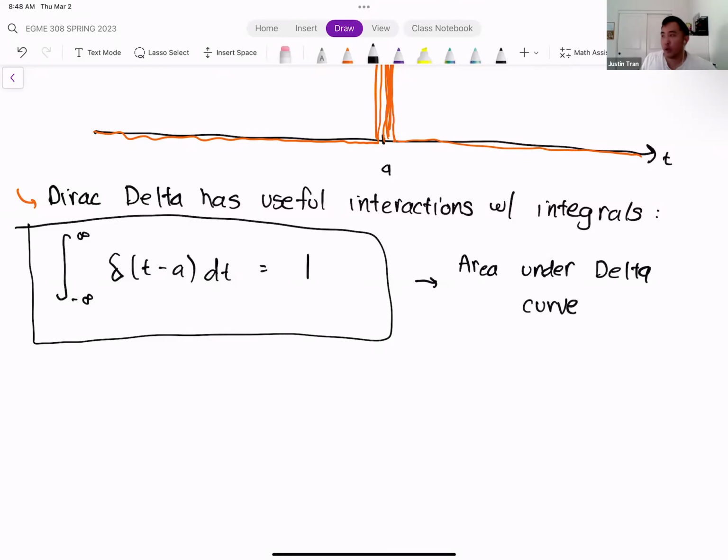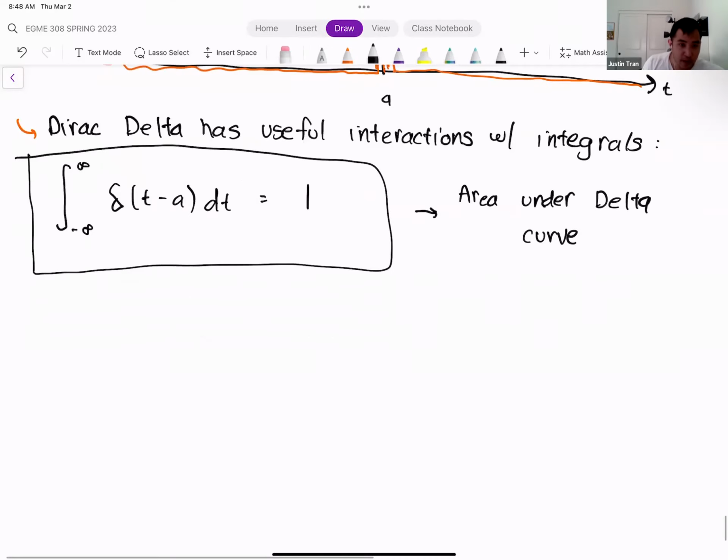The other property is called the sifting property, and this is the one that we'll actually use with Laplace transforms. If you multiply the Dirac delta by another function and integrate that, it's basically the same thing as evaluating that function wherever the delta pulse is. Mathematically, we have the integral from minus infinity to infinity of some function, which we'll call g of t. This g of t can be any function of t.